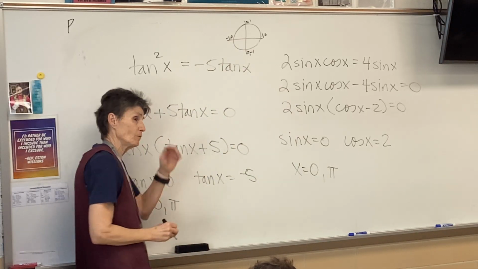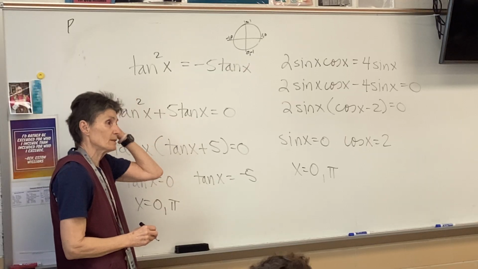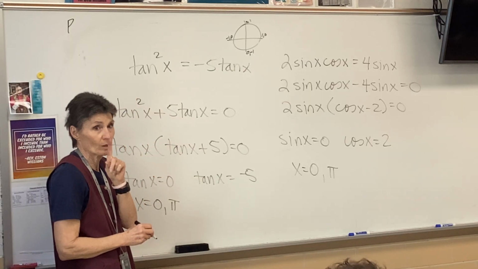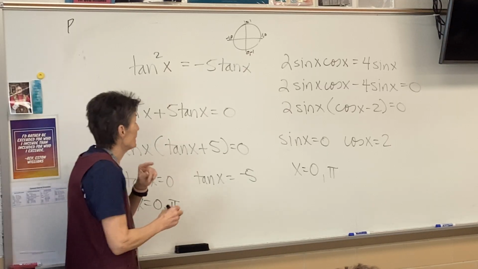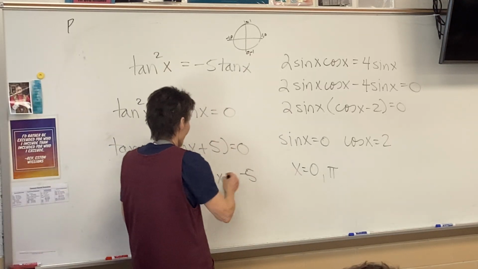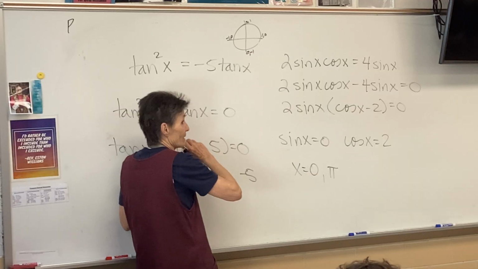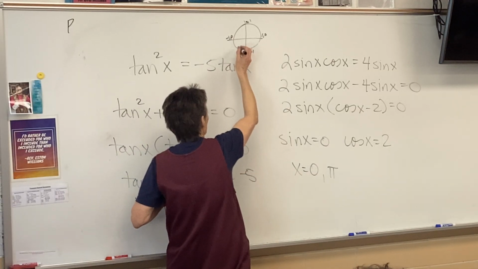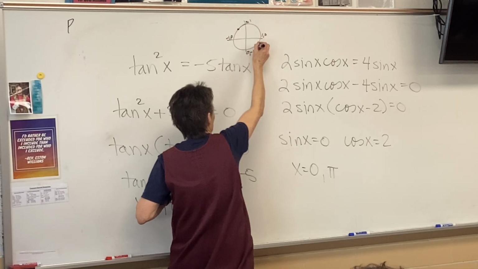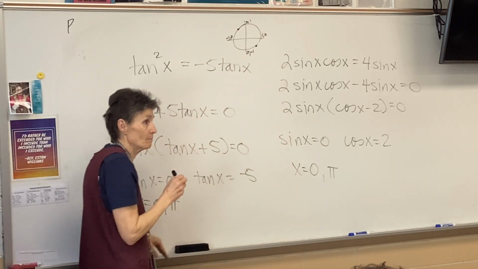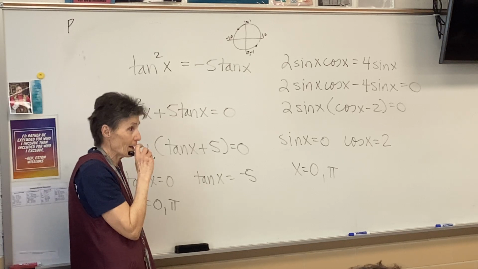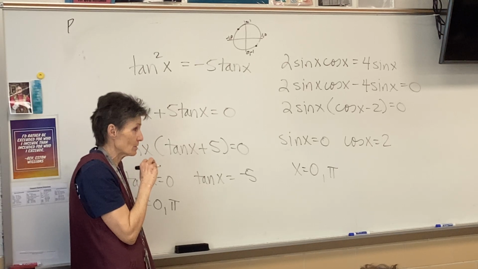Now you need to be careful, because if you are using your calculator, it will only give you one answer, so you'll have to figure out the other one on your own. All right, and your picture might help you. Where's the tangent -5? Well, the tangent of -5 is somewhere in this quadrant or this quadrant. Would you agree? What angle has a tangent of 5?